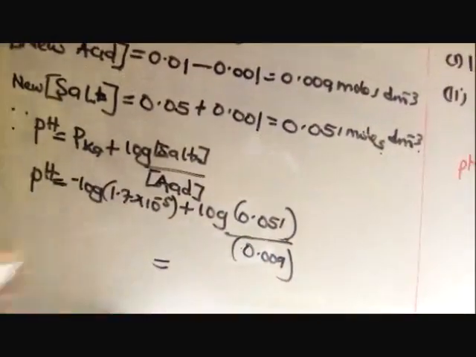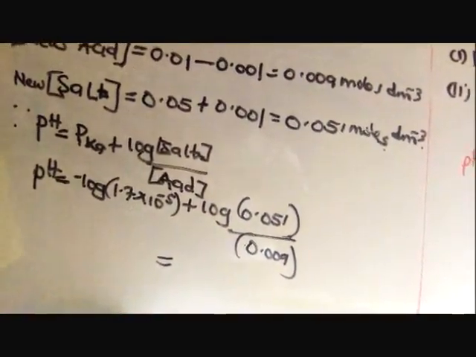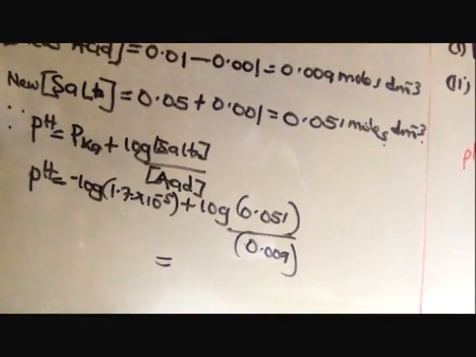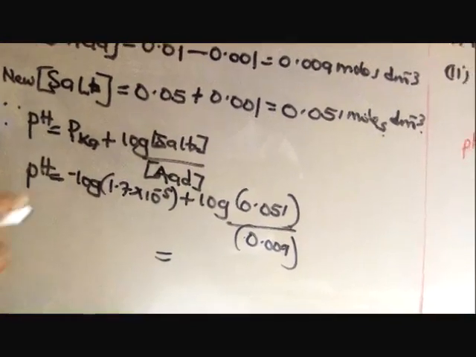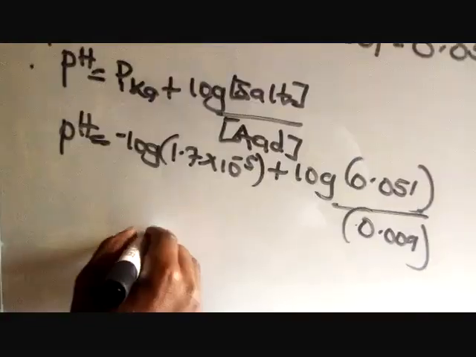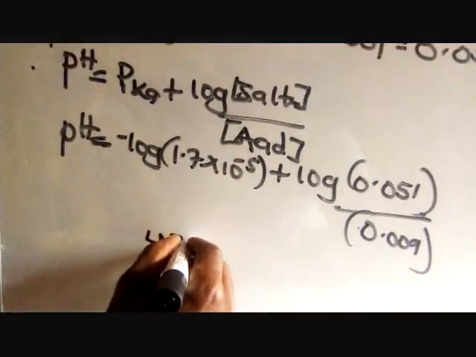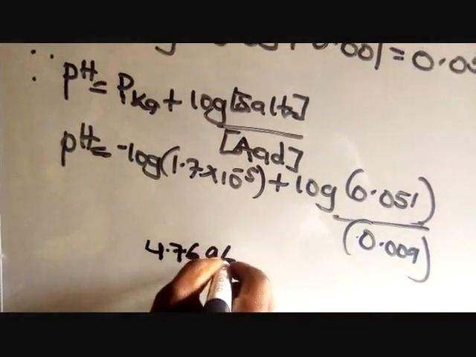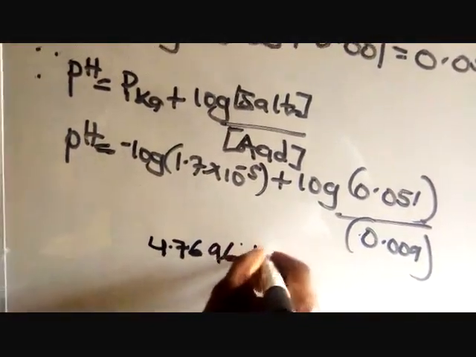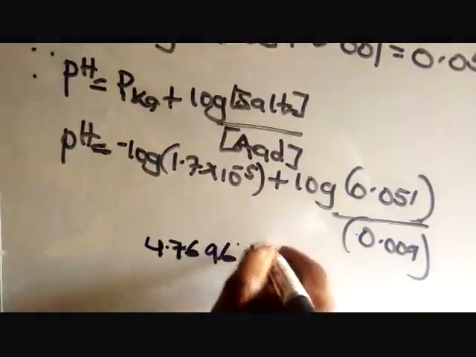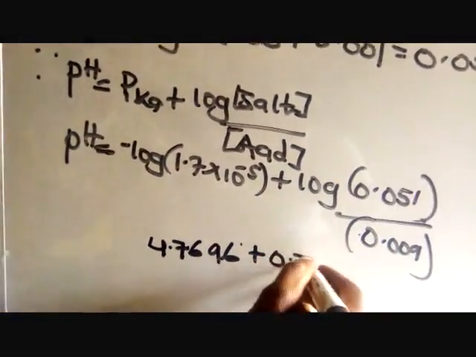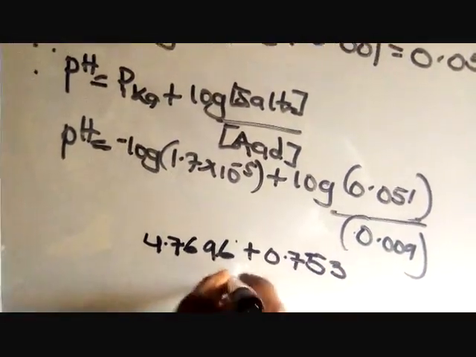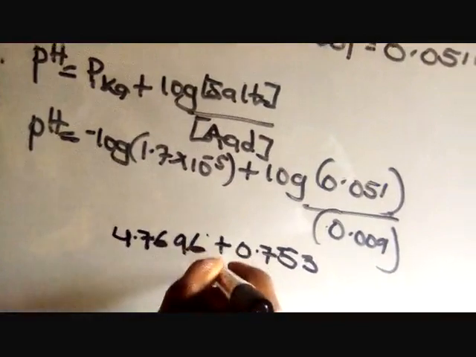Then from there, we get our calculator and we compute. We obtain 4.7696. Then the other one we are having, log of this ratio, is 0.753 on your calculator. Now it means our pH of the solution is going to be 5.523.